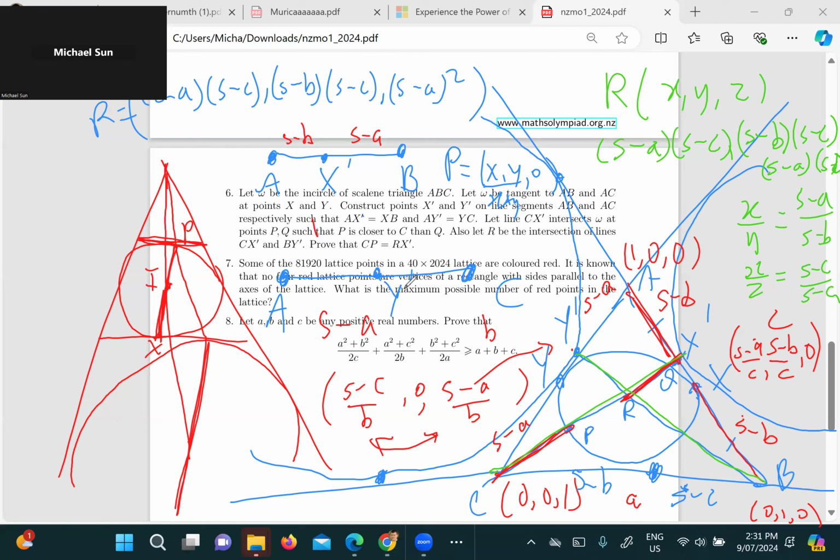But if that's true, should the other one be S minus A? Alright, hold on. The way I'm seeing it now is this length here, I know for a fact this length is S. And so this is minus C. This length is subtracted to get this length.